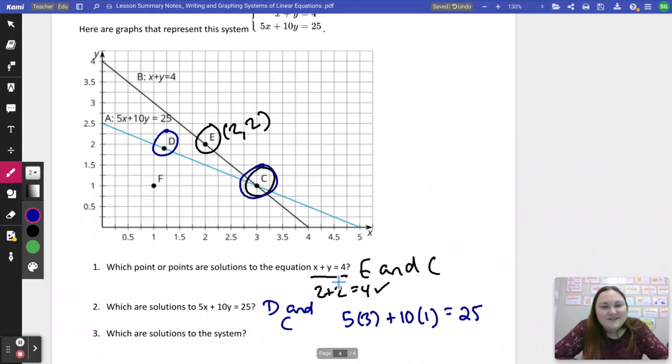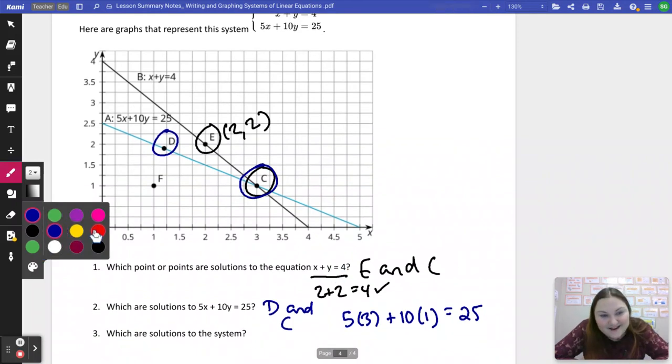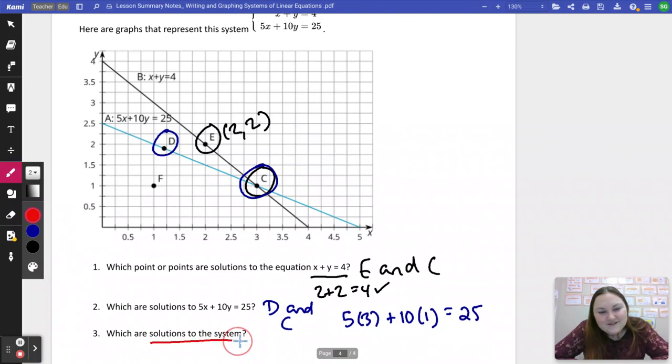Now, that last question, and that's really the new part for today, is what solutions do we have for this system here? We had said the reason this graph is so great is because to find the solution to the system, we're looking for what point is a solution for both equations. That's going to match up on our graph with which point is on both lines. That's going to be our intersection point here.